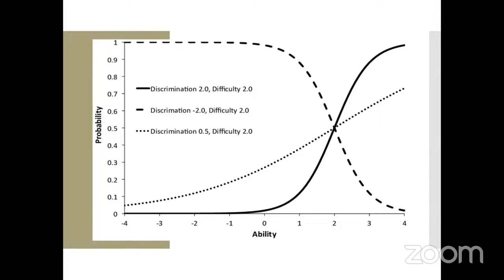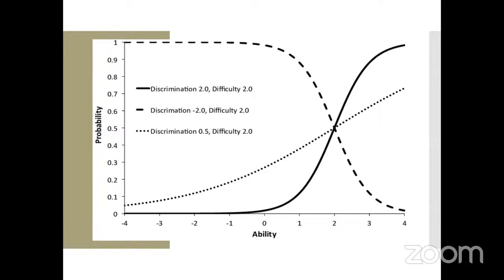So this is what we call the inverse curve or negative discrimination index, and it is not acceptable. If you have a negative discrimination index, you need to reject that item immediately. Can anyone tell me why? What do you see here for this inverse curve that you are seeing here for a negative discrimination?